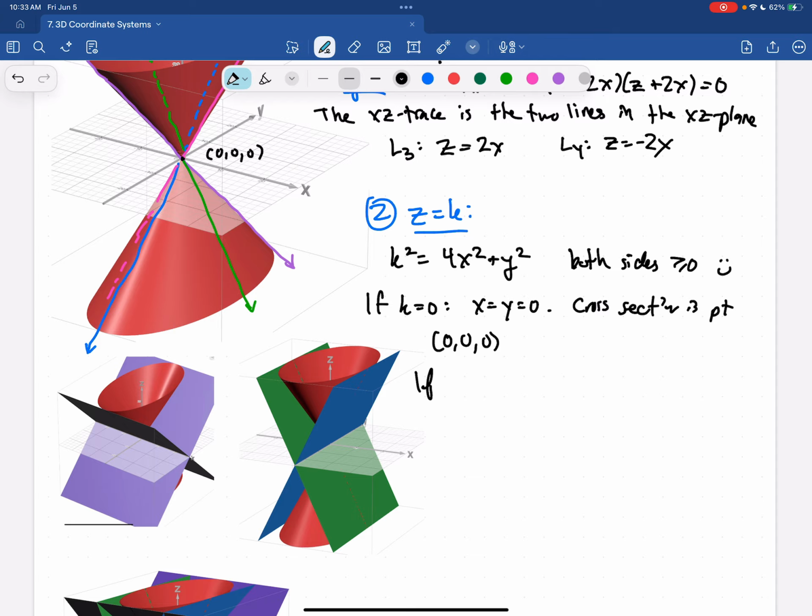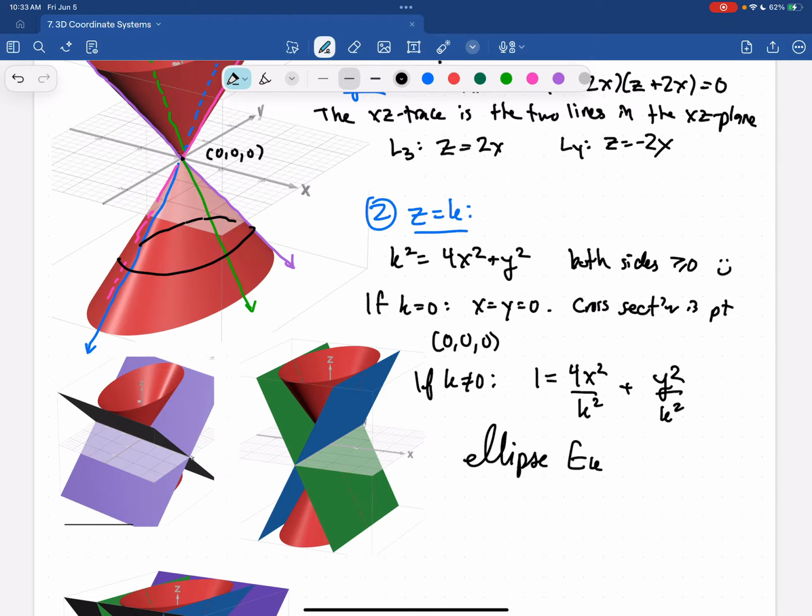But then if k is not equal to 0, we can rearrange that equation and we get 1 is equal to 4x squared over k squared plus y squared over k squared, which is an ellipse. So we can put one of those down here.